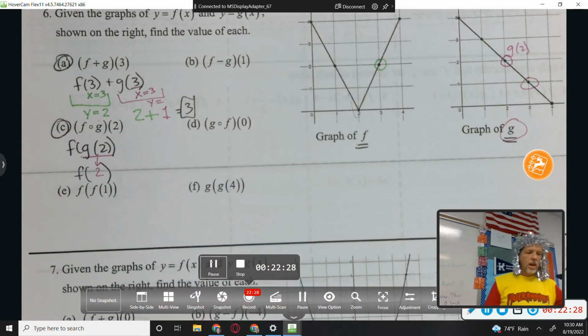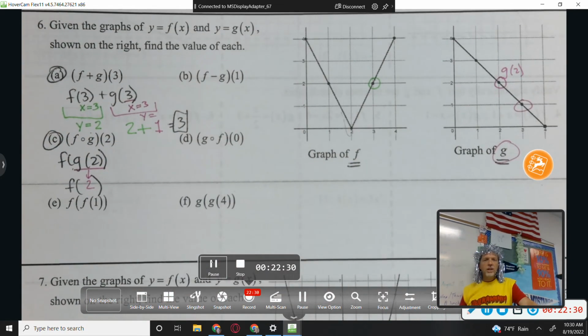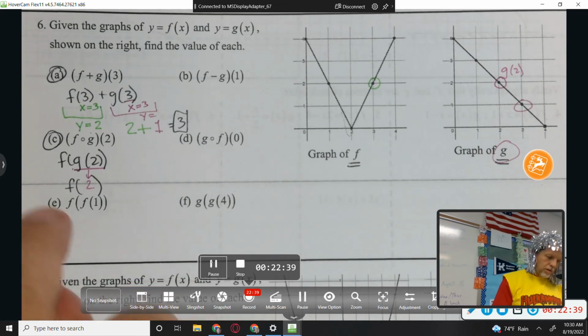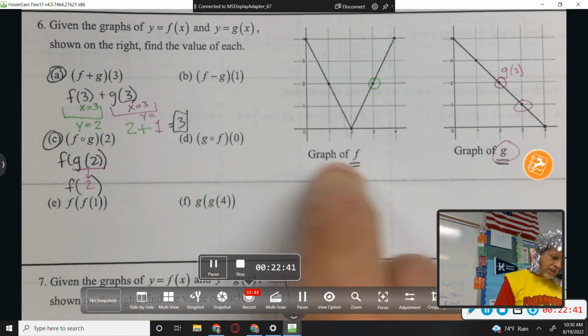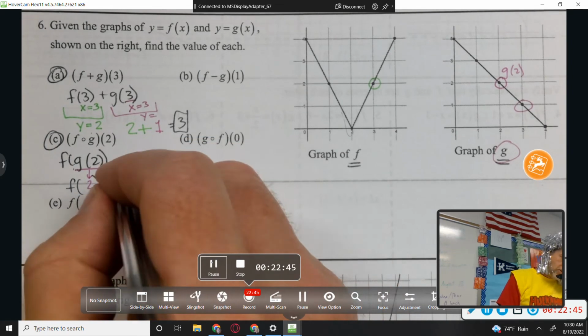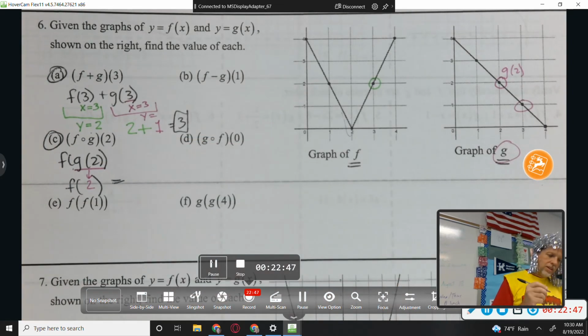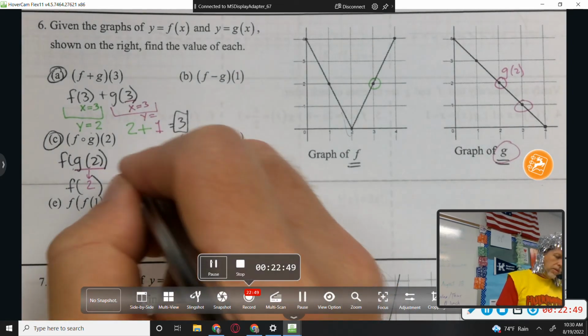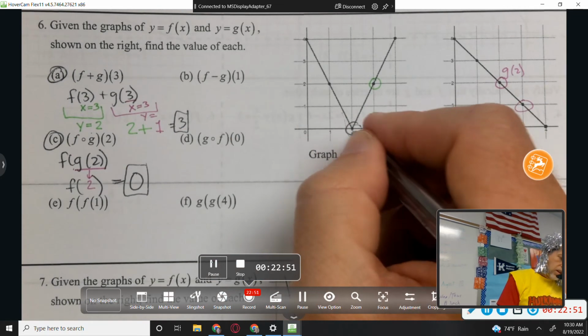And then f of 2. So g of 2 is equal to 2. That becomes the input to f. So again, just be careful. Make sure you're looking at the right graph. So I'm looking at the graph of f, and I plug in x equals 2. What's the y value when x is 2? 0. F of 2 equals 0.